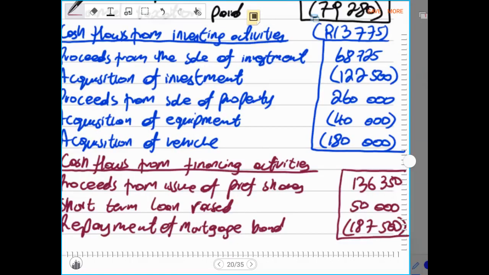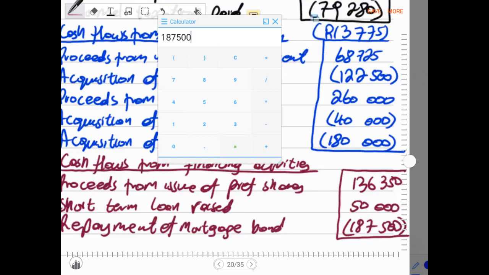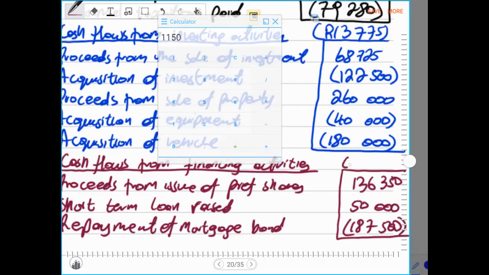Then now we can calculate our total. 136,350 plus 50,000 minus 187,500. That will give us negative 1,150.